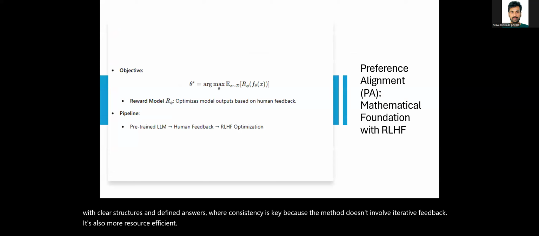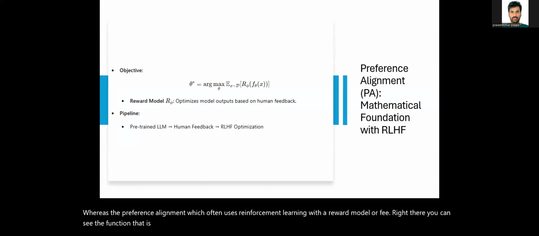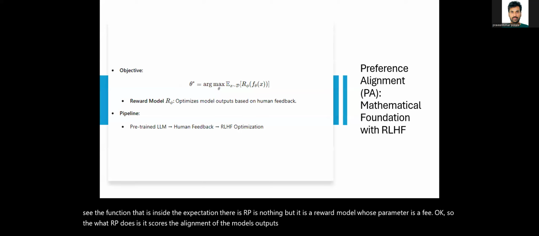Whereas preference alignment often uses reinforcement learning with a reward model, R_phi, right? You can see the function that is inside the expectation. R_phi is a reward model whose parameter is phi. What R_phi does is score the alignment of the model's outputs with human preferences.